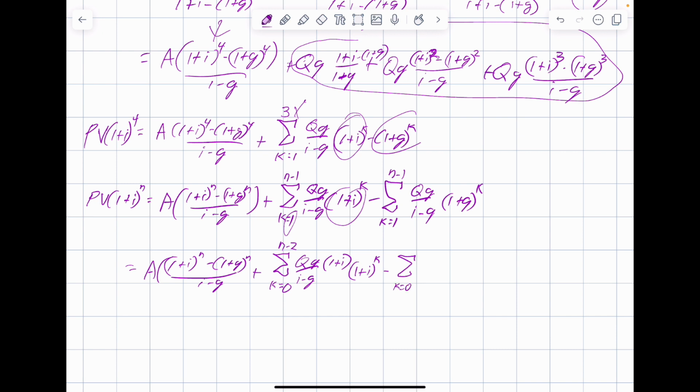And the same thing here. This becomes k equals 0 to n minus 2 qg over I minus g, 1 plus g times 1 plus g to the k.